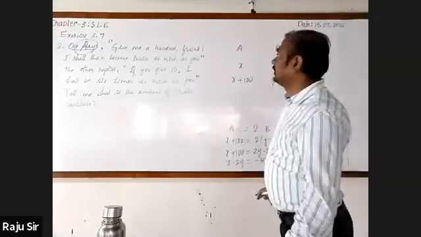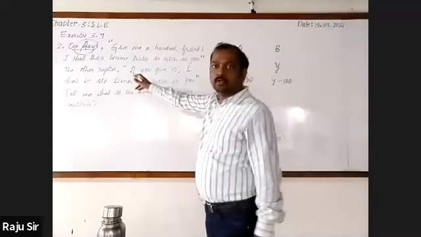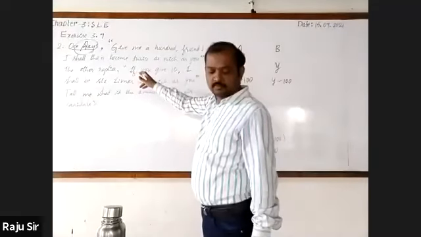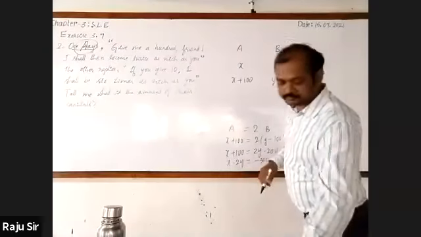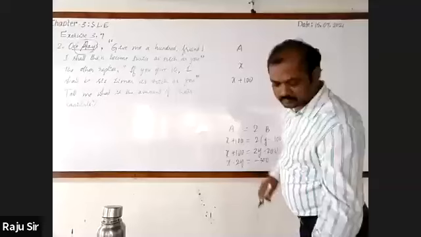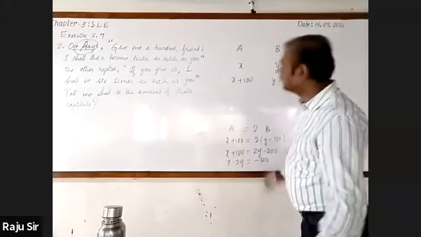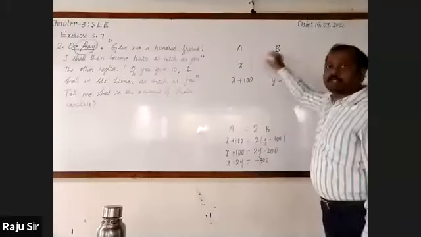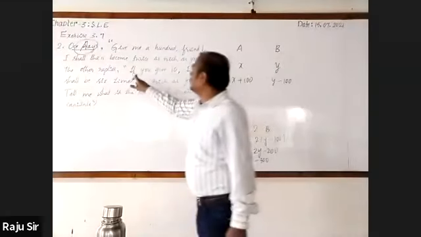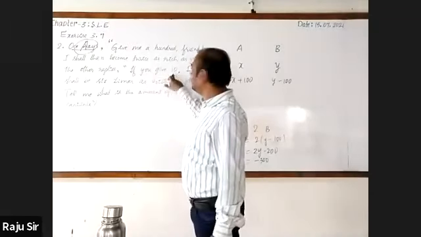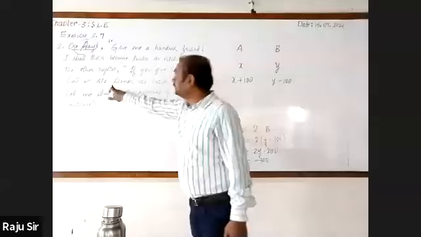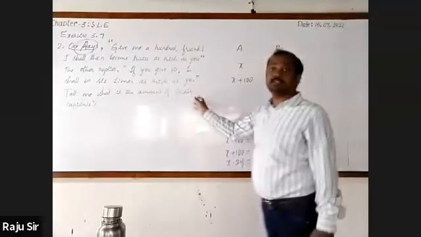Okay, now I'll go through the second statement. This time B will ask A. He tells like this: if you give me 10 rupees, I will be 6 times as rich as you.